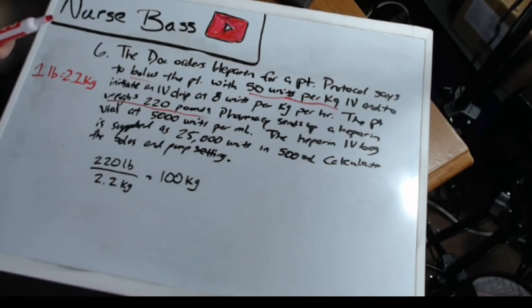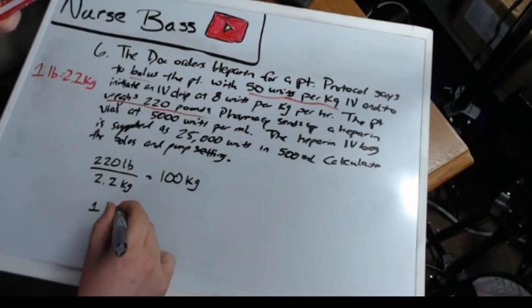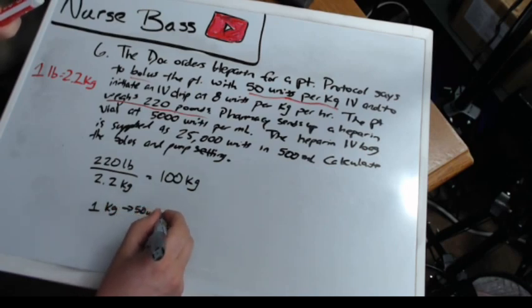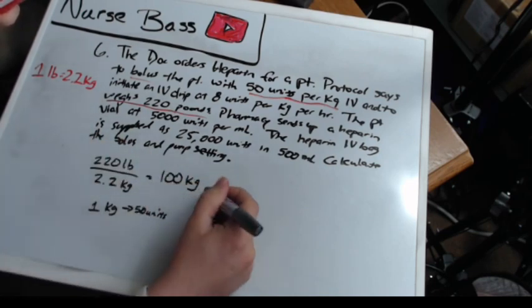Okay, now that we've got that established, protocol says to bolus the patient with 50 units per kilogram. So that means for every 1 kilogram this patient weighs, they need to get 50 units. Well, this patient weighs 100 kilograms.